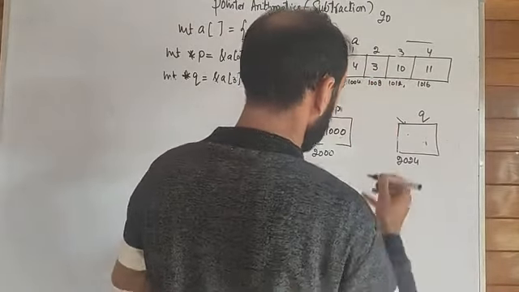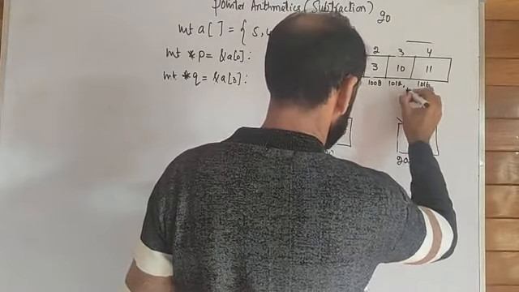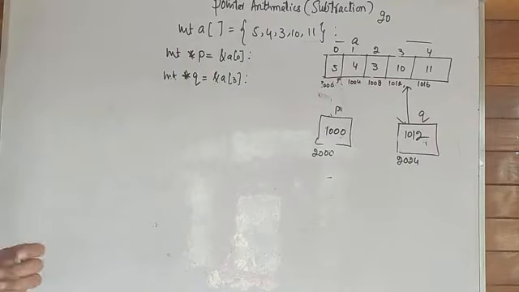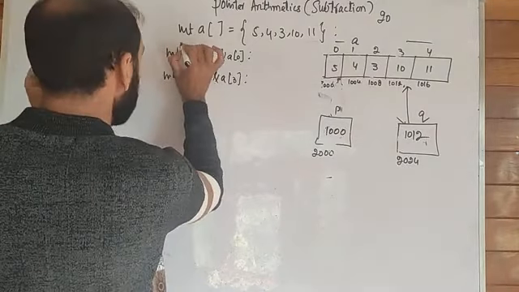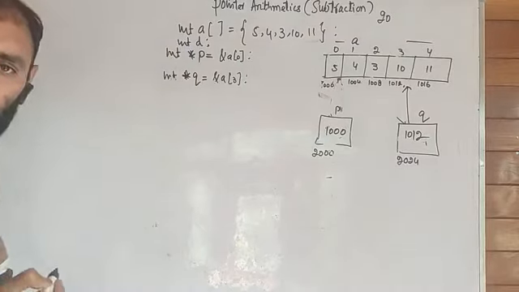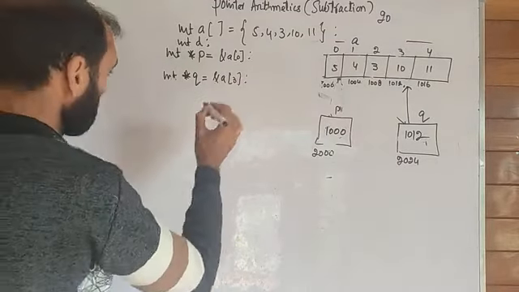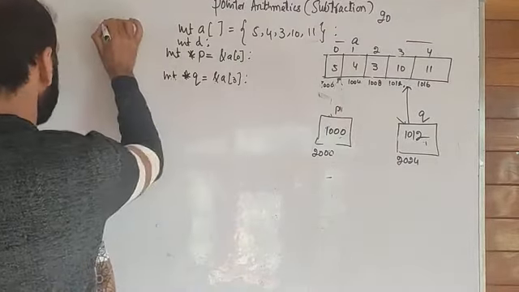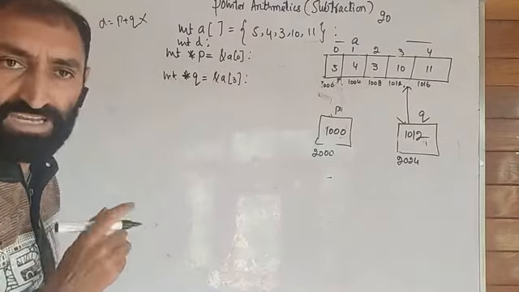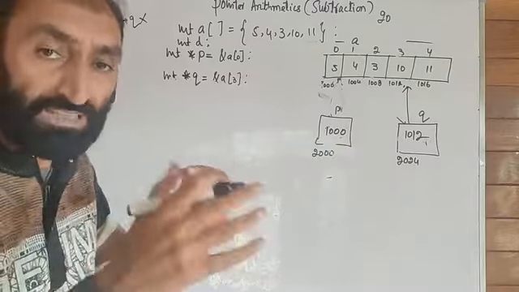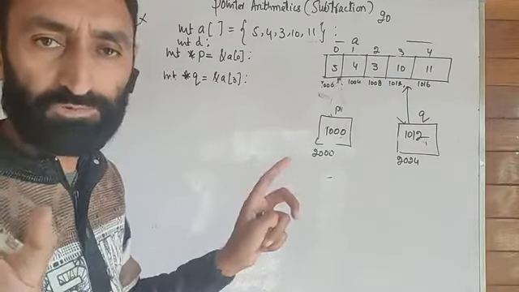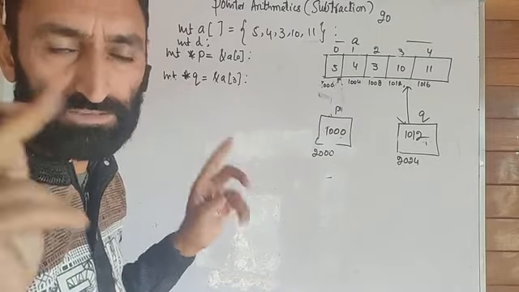If I take a variable D for difference, then D equal to P plus Q is illegal. We cannot add two pointer variables, but we can subtract two pointer variables.